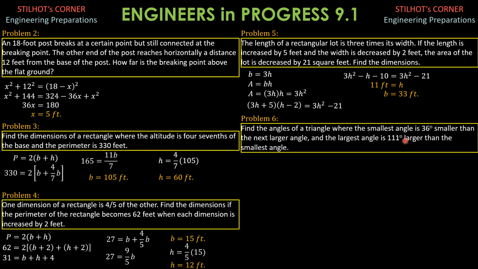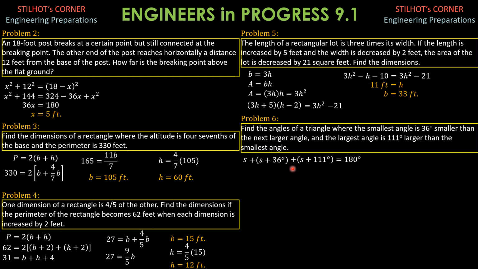And the largest angle is S plus 111 degrees. And the sum of these interior angles is 180 degrees. Therefore, S plus quantity S plus 36 degrees plus quantity S plus 111 degrees equals 180 degrees.